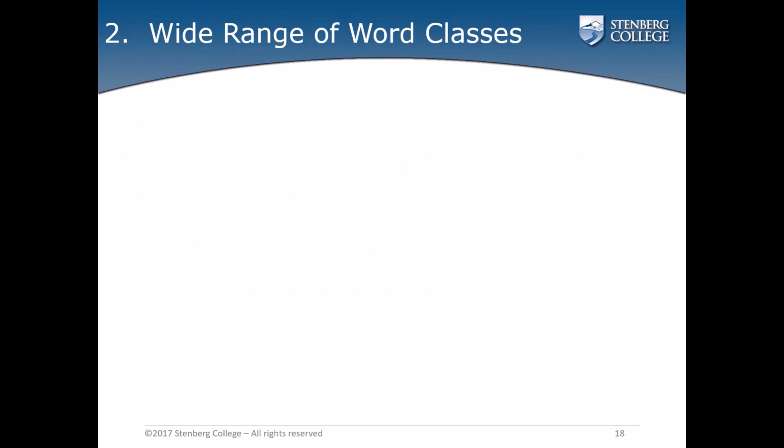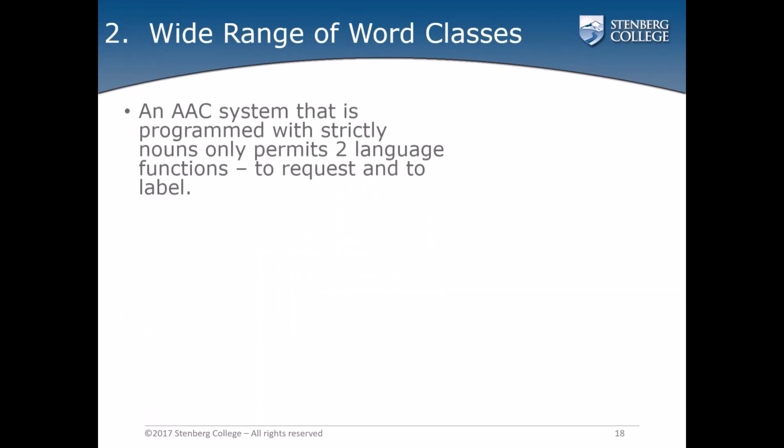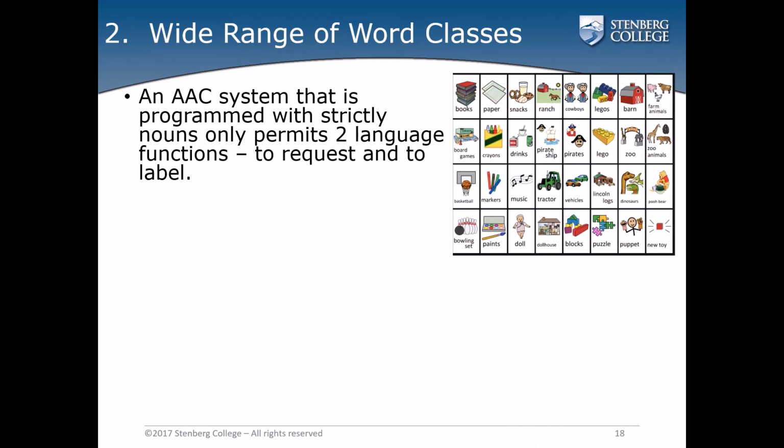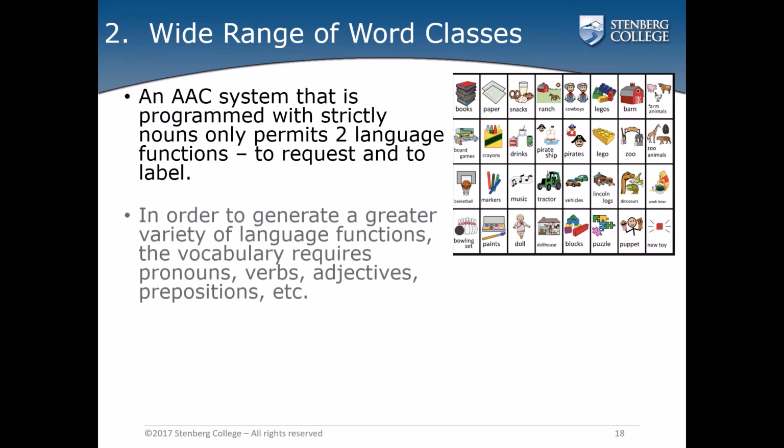A robust vocabulary should also have a wide range of word classes. An AAC system that is programmed with strictly nouns only permits 2 language functions, to request and to label.